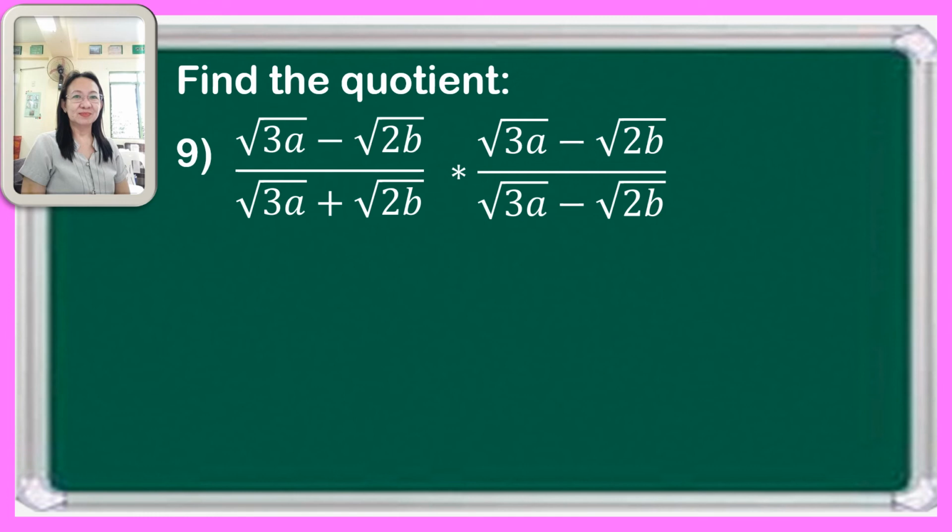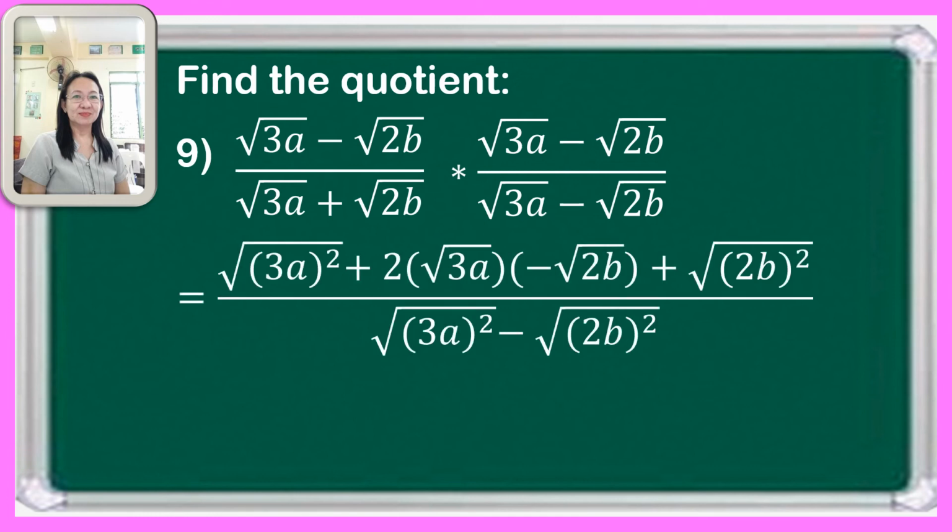So, applying the square of binomials in the numerator and the sum and difference of binomials in the denominator, we will get, the square of the first term, the square root of 3a, plus 2 times the product of the first term, the square root of 3a, times the second term, negative the square root of 2b, then added to the square of the second term, the square root of 2b.